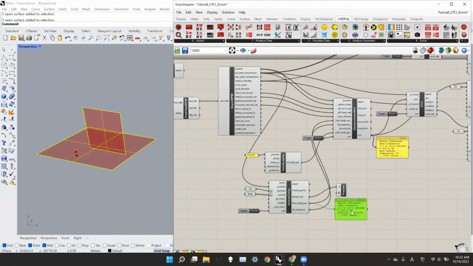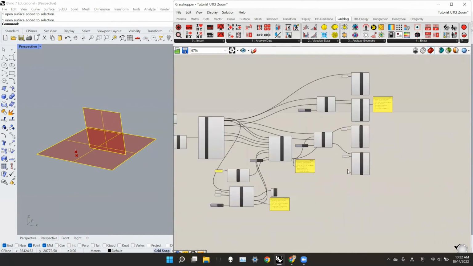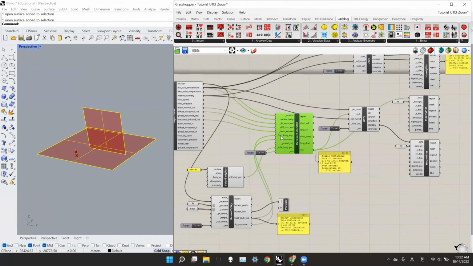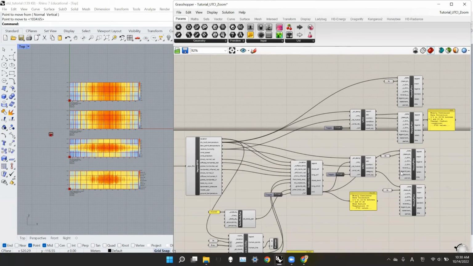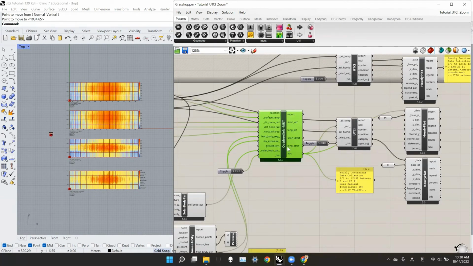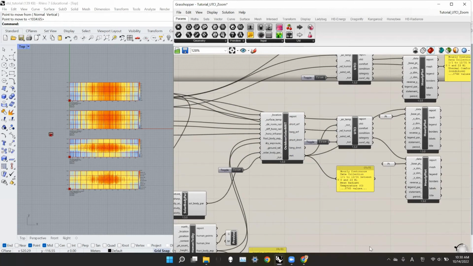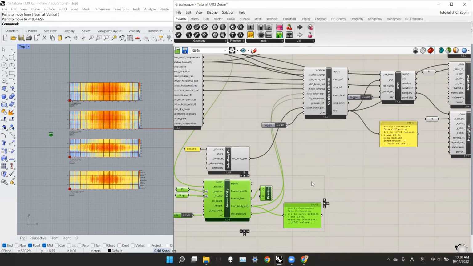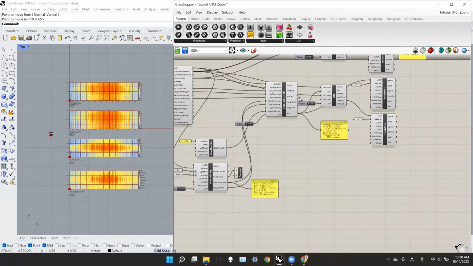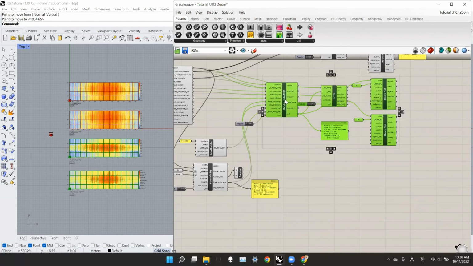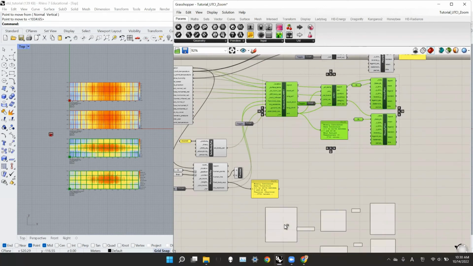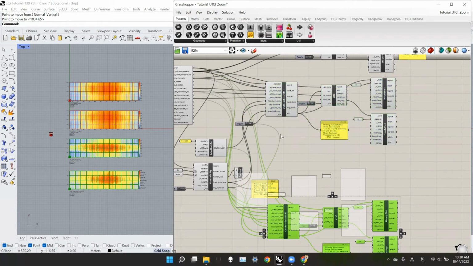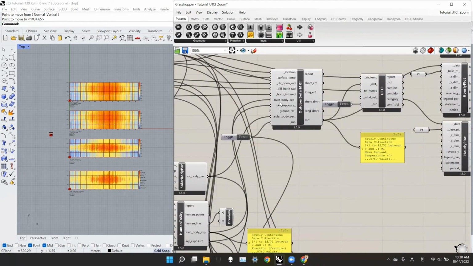So now we have new values. And now maybe we can compare the difference between the data with the context and without the context.